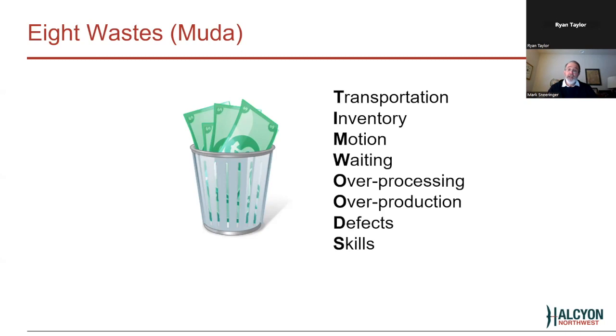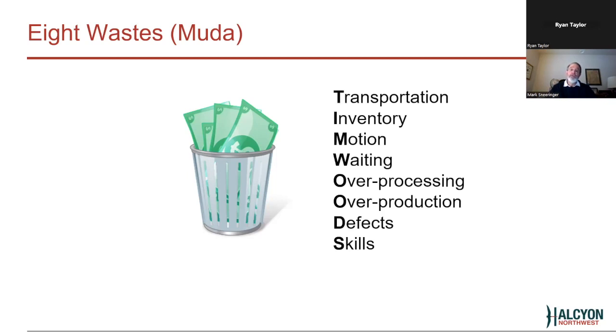In a transactional situation, waiting might be you sitting in a doctor's office waiting for the doctor to show up. That's a waste in that process that can and should be addressed. And frankly, there are some great examples of where they're going after things like how long people have to wait.